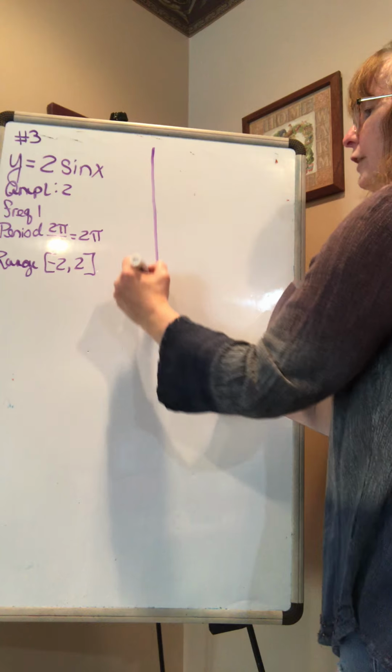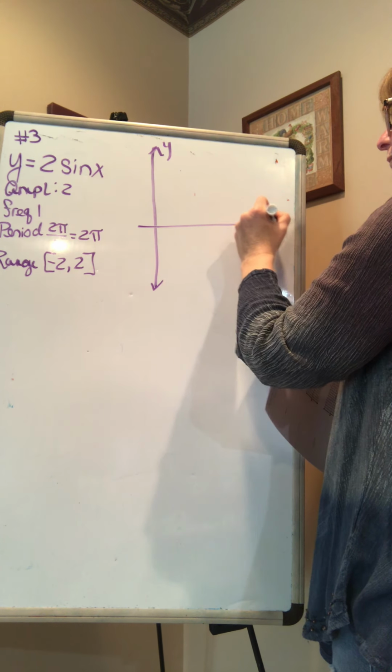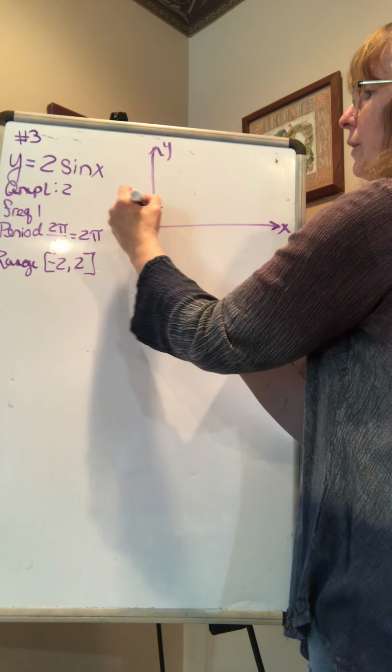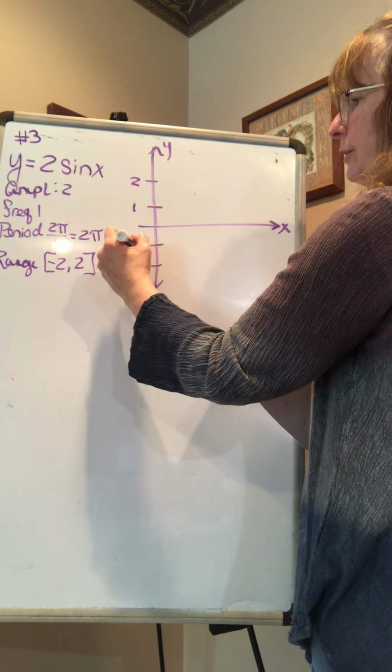So when I draw my graph, again, must be fully labeled. I am going up to 2 and down to -2.